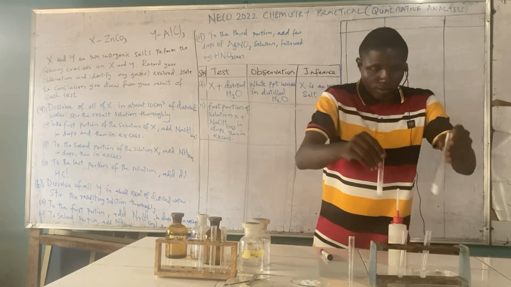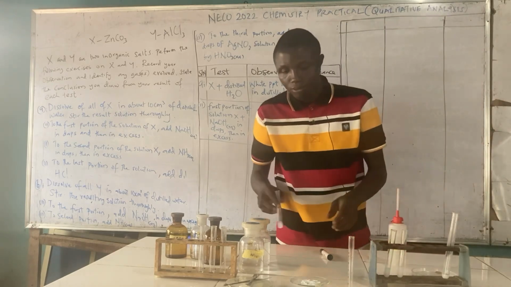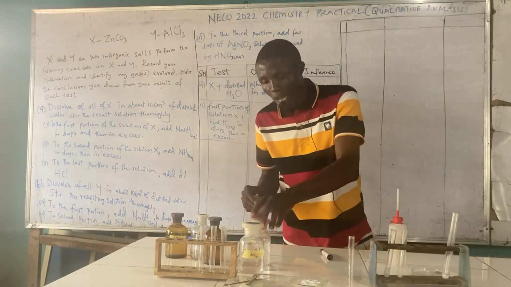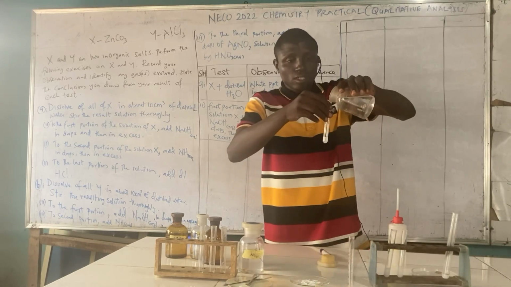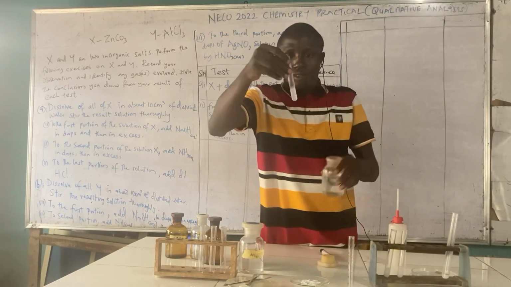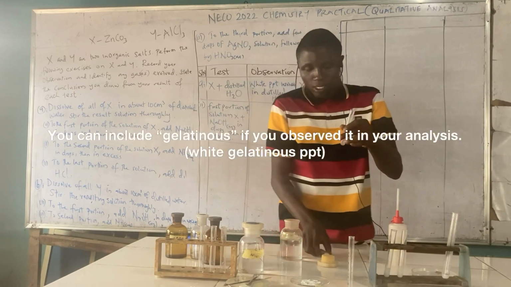So now to this portion add sodium hydroxide in drops. You can see there is still a white precipitate in drops. So white precipitate forms in drops.